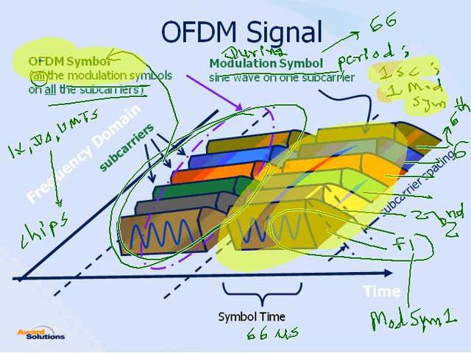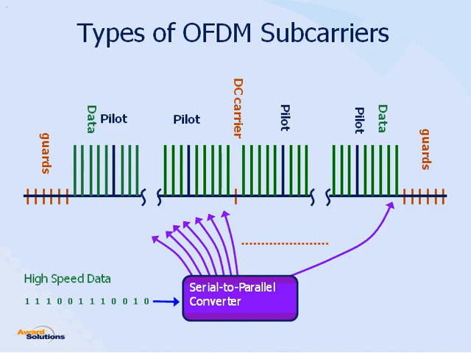So what goes over the air in CDMA systems is chips. On the other hand, what goes over the air in OFDM systems is OFDM symbols. The base station will send out OFDM symbols, and the UE will be sending out OFDM symbols over the air. So that's our OFDM symbol.